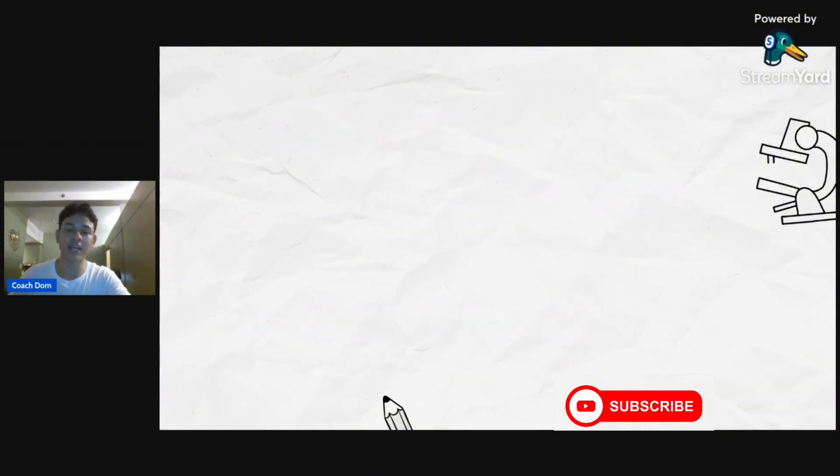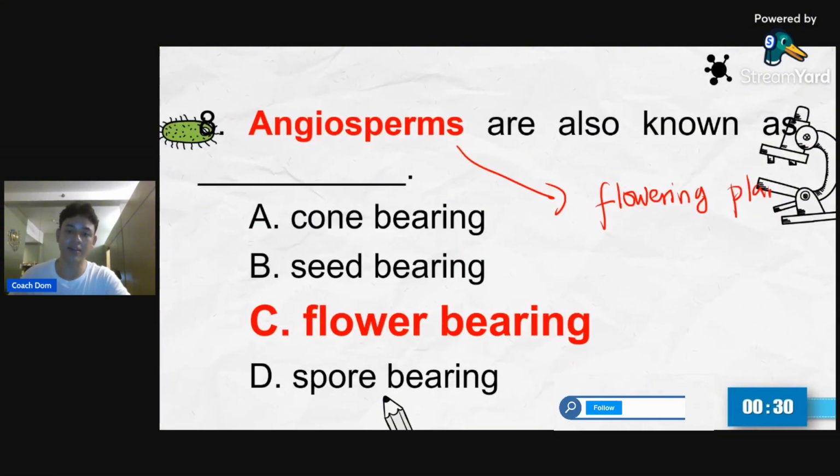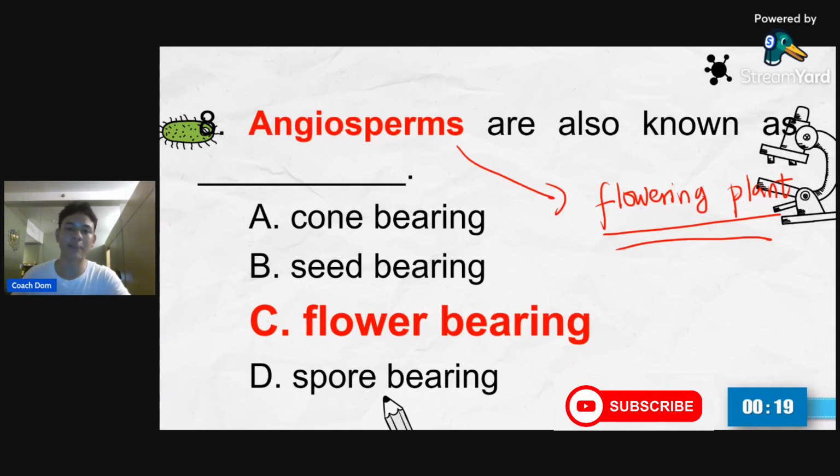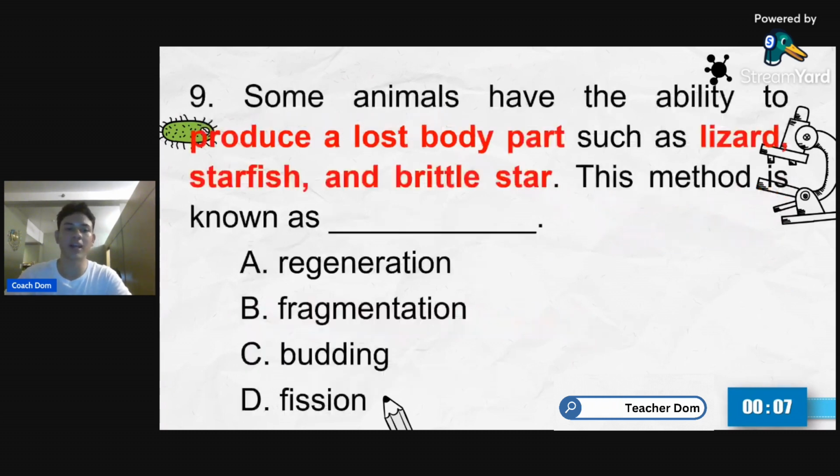So anything na makikita natin sa ating mga mata, as long as there's flower, that is what we know as angiosperms, like mango tree, we have gumamela, sampaguita, and other trees or species that bear flowers or bear fruits. Question number 9.